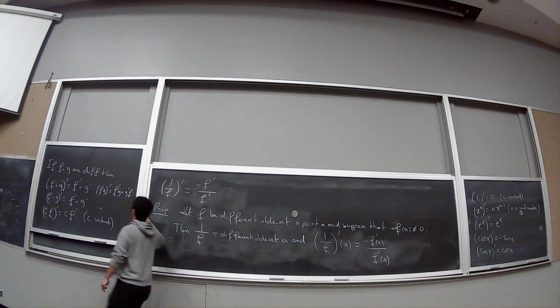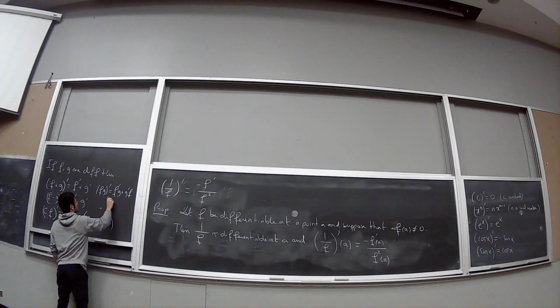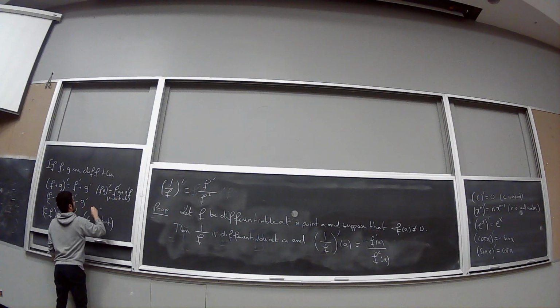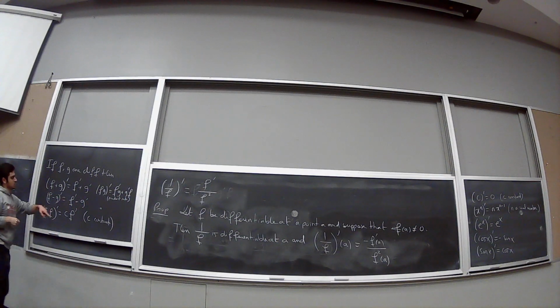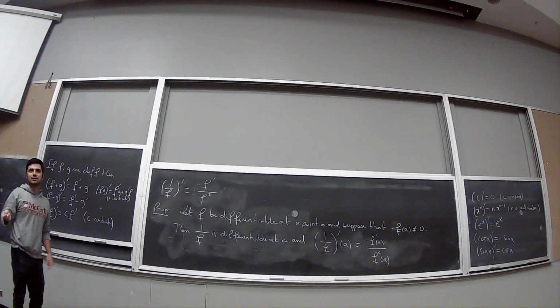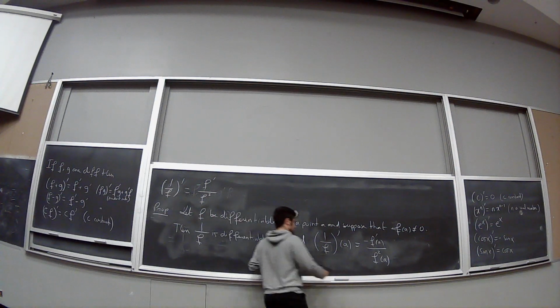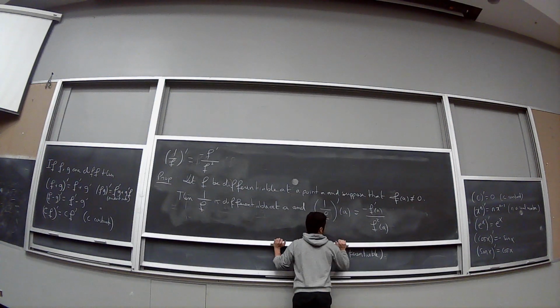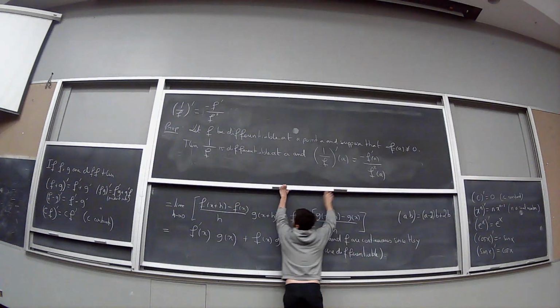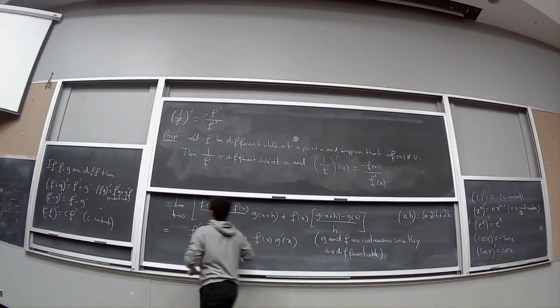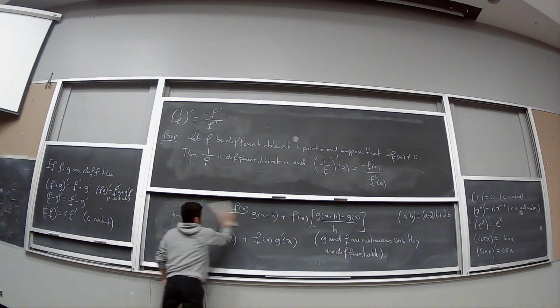This is called, by the way, product rule. Now, this is called reciprocal rule. I don't know what you call it. But anyway, let's prove it. What do I need to show here?